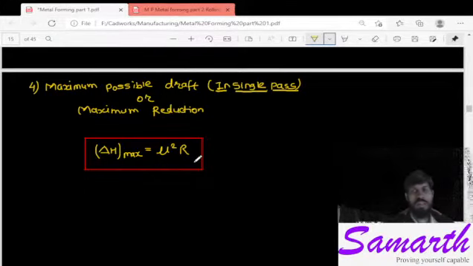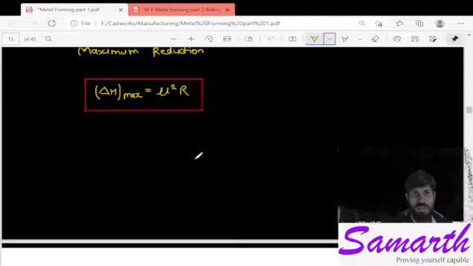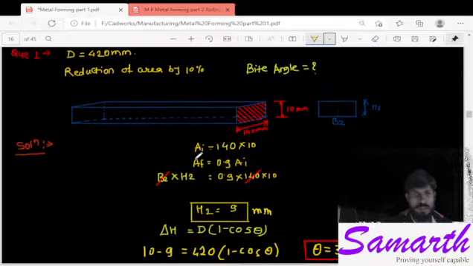If you are preparing for ESE or engineering services, then it may be asked. So if you want, you can go through both. Delta H is equal to mu square R. This is the empirical formula derived from the experiments.